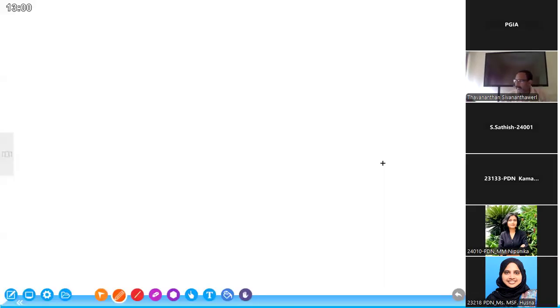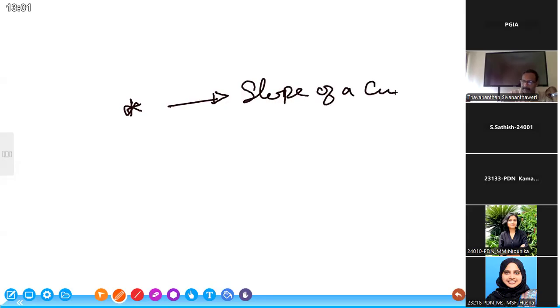Right. We will continue from yesterday's differentiation. We have used the differentiation technique to see the gradient or the slope of a curve, how we can apply that.